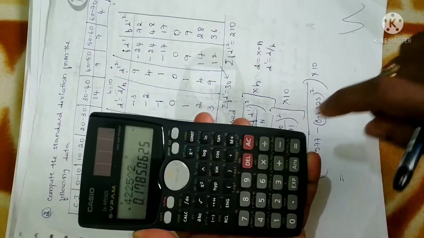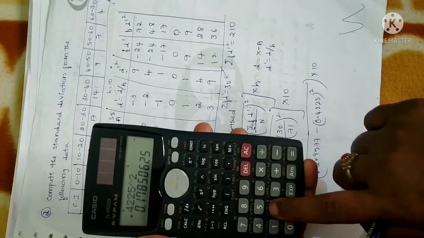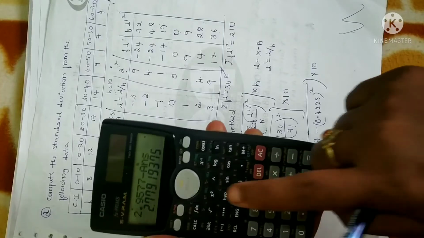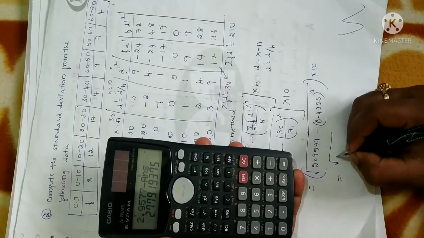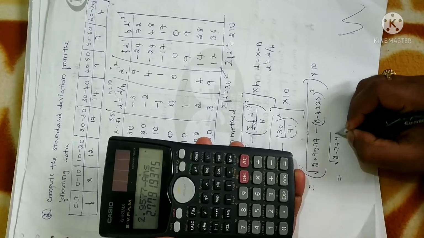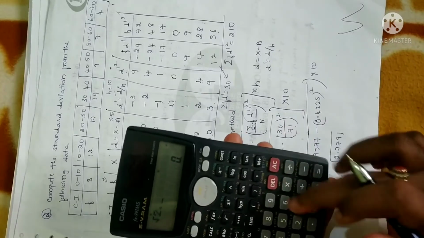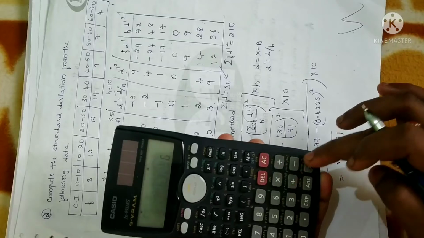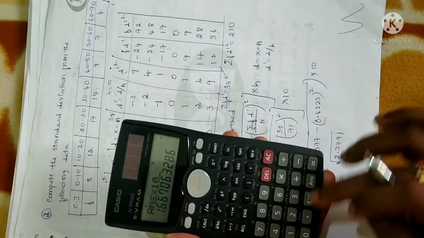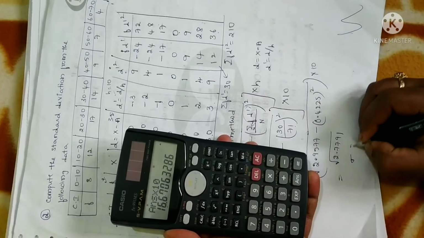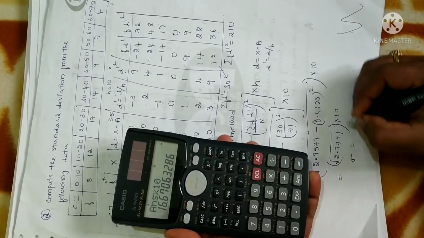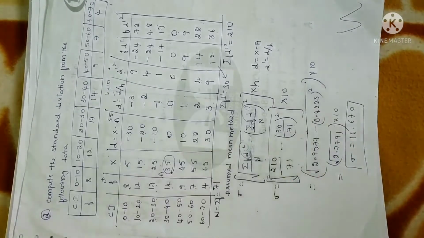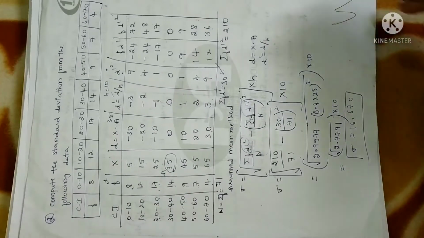So you will get this value. Next, 2.9577 minus this, you press answer, you will get this solution. You need the square root of 2.7791, so you just put the square root and you will get this value. Multiply the value with 10, so that will be the required standard deviation. Multiplied with 10 will give us 16.670. Therefore, the standard deviation is 16.670.